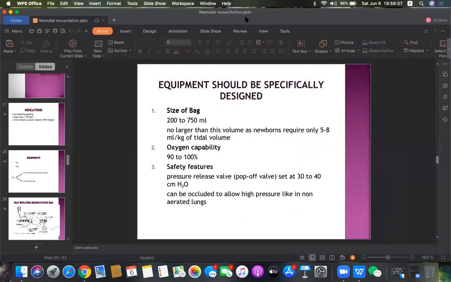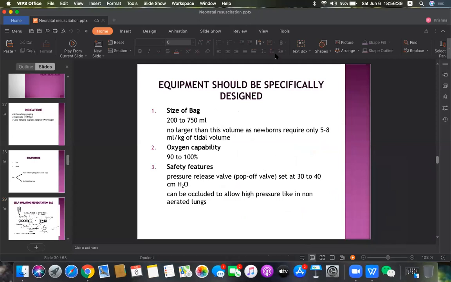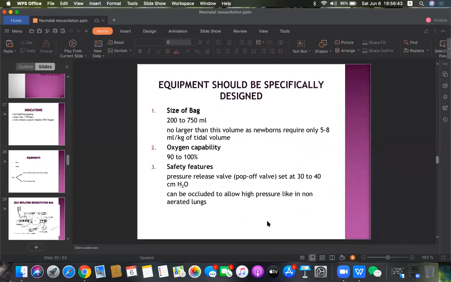Now a little bit about the size of the bag and the safety features. The size of the bag depends on the neonate size. For example, if the baby is very small, like a premature baby born with 1.5 kilo, then a small bag is enough, which is about 200 to 250 ml.